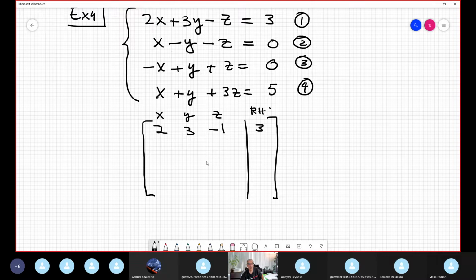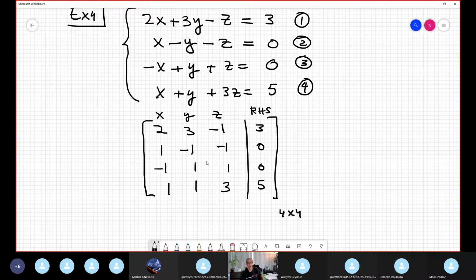So you don't need to write that, it's okay. I understand. 1, -1, -1, 0. And -1, 1, 1, 0. And 1, 1, 3, and 5. This matrix, by the way, is a square matrix, 4 by 4, right?